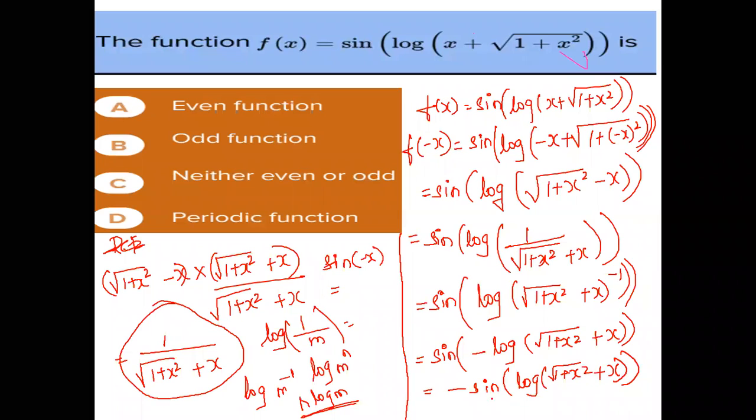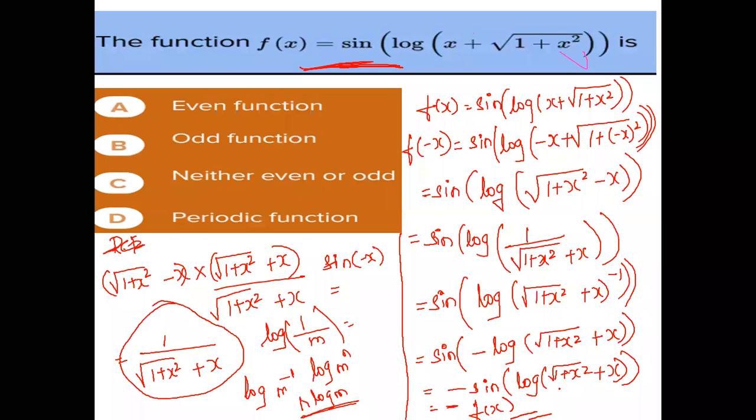Now what is this, if you exclude the minus, the remaining term? It is the given function, we got the function back, that is f of x. So f of minus x becomes minus f of x.